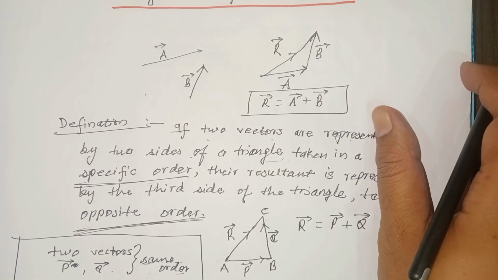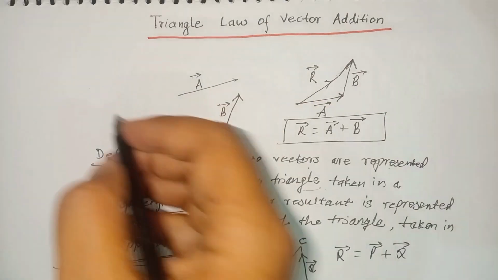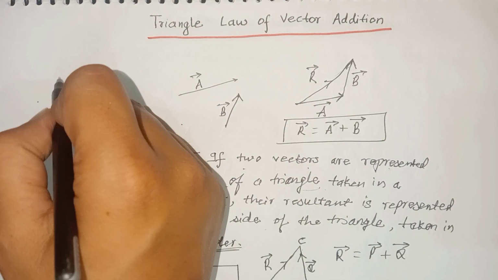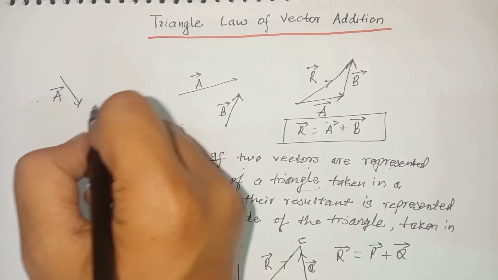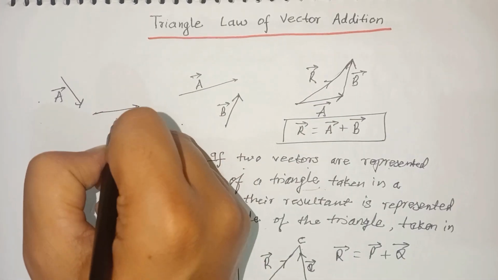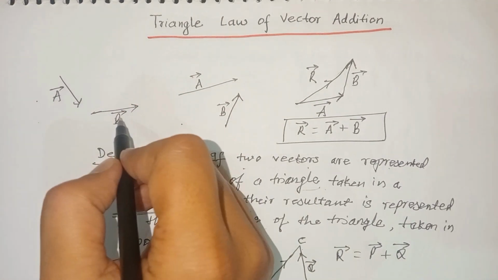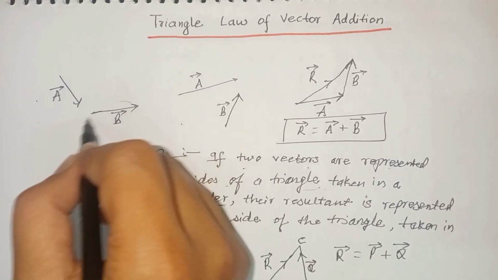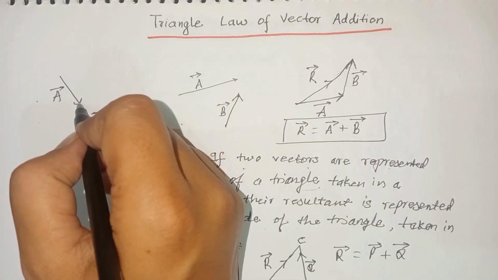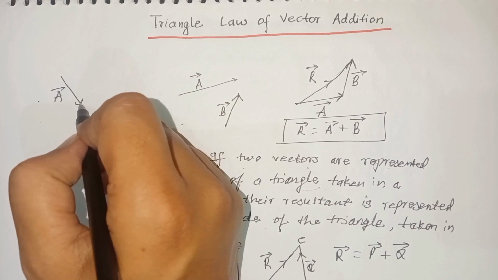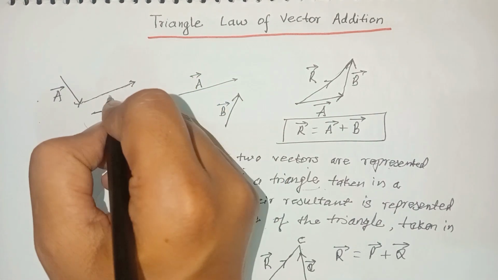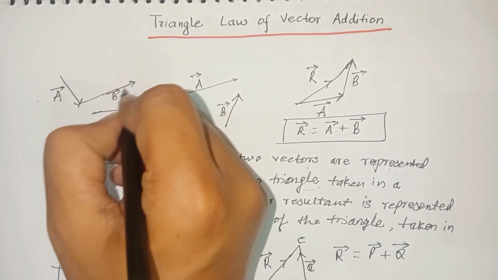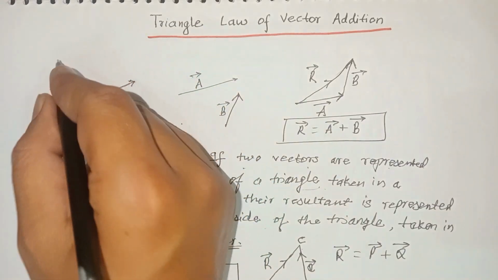Let us give one more example. Suppose this is vector A and this is vector B. If we have to add them, what will we do? We will simply keep any one. Suppose we take vector B and put it at the head of A. This is also vector B. In this way, it is coming in an anti-clockwise fashion.